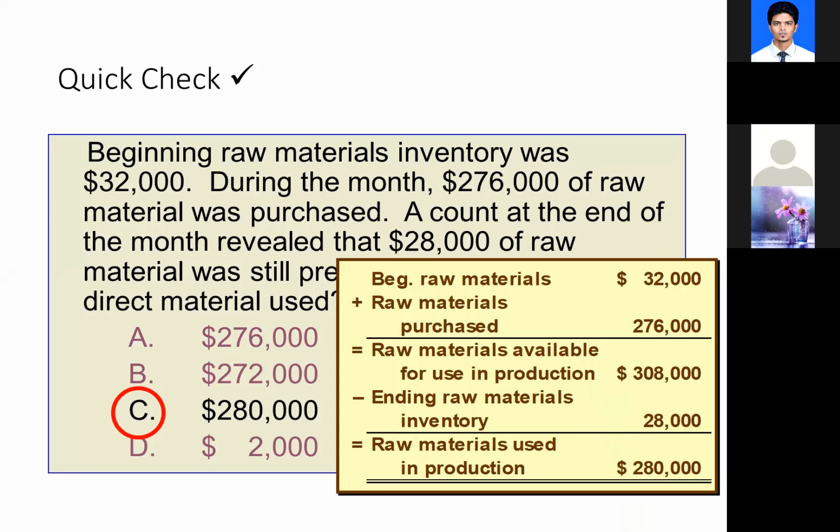We need to add purchases, that means 276. Then raw materials available for use 308, that means the total of beginning and raw material purchased. Then we need to deduct the ending inventory. The answer is the raw material used in production.